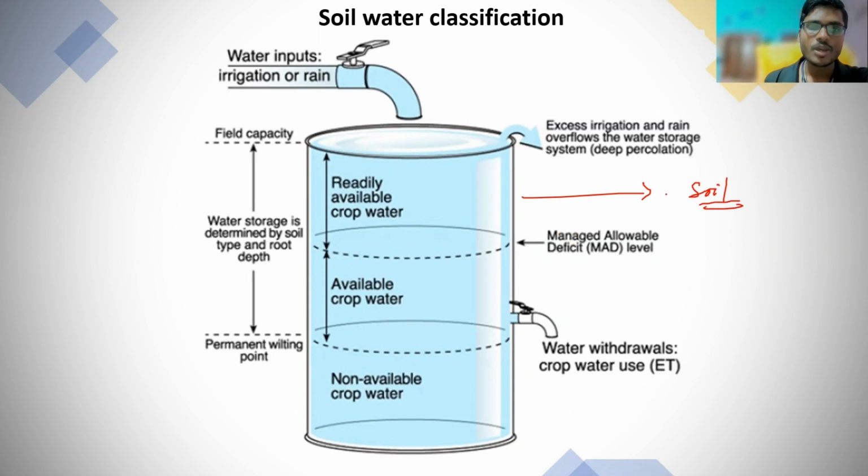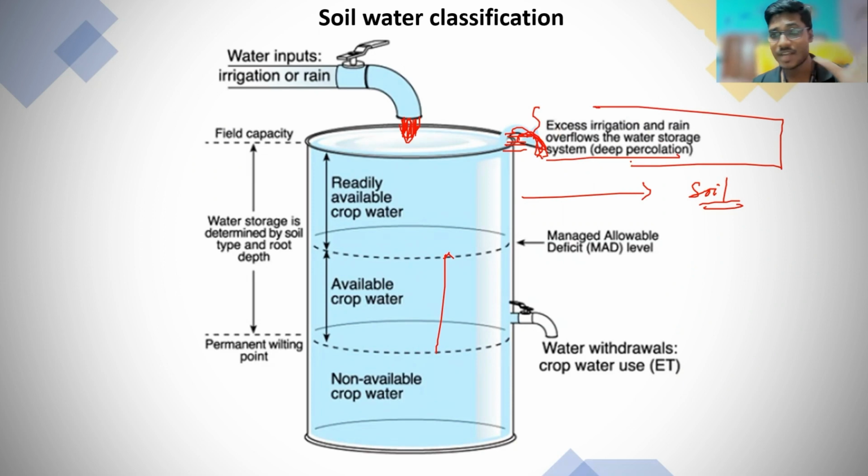If it is a water tank, when we open the inlet, the water input will fill the tank. When the tank is filled, at a certain point the excess water will be left from the tank, and this excess water is the gravitational water.